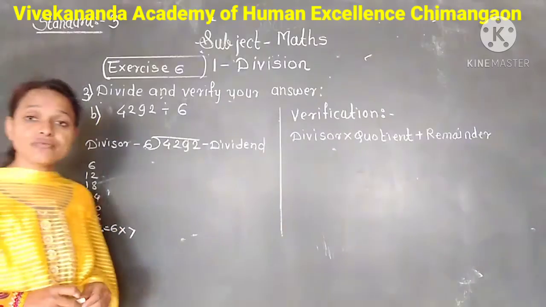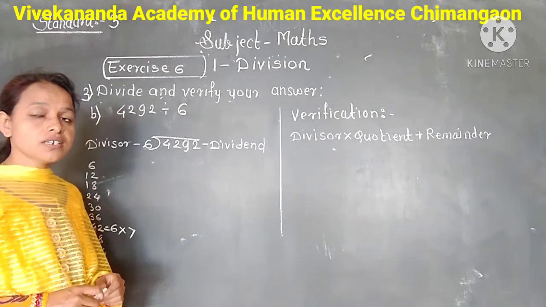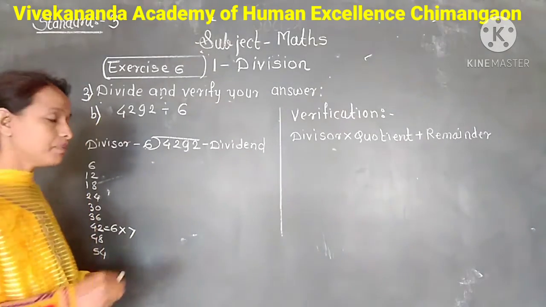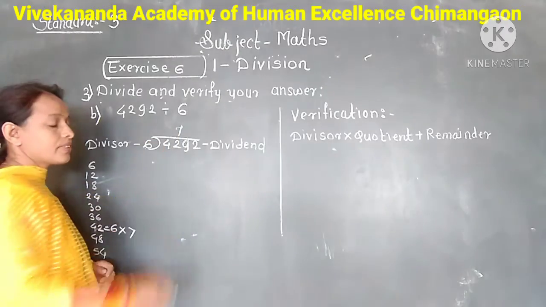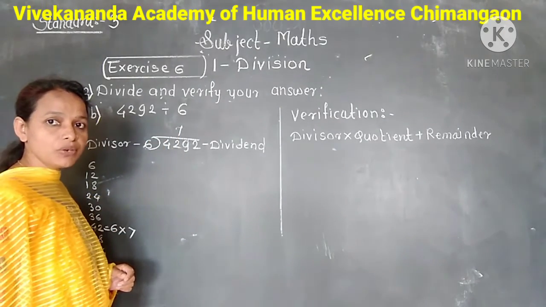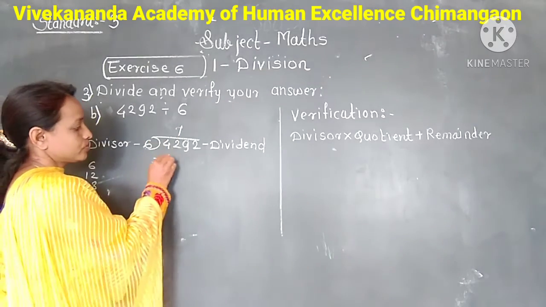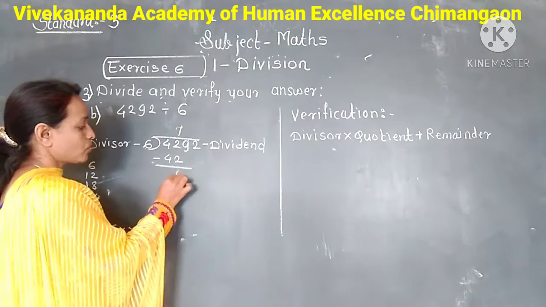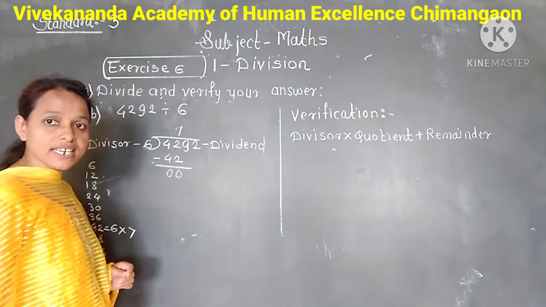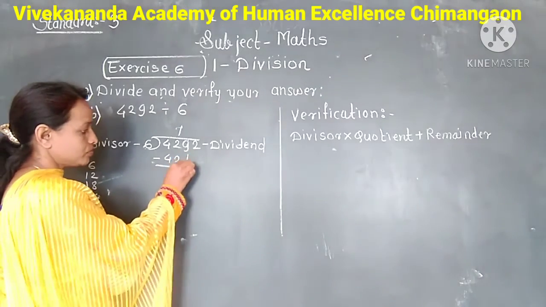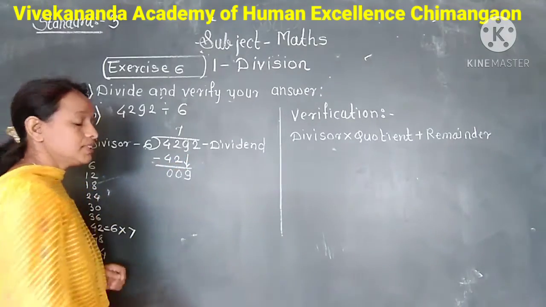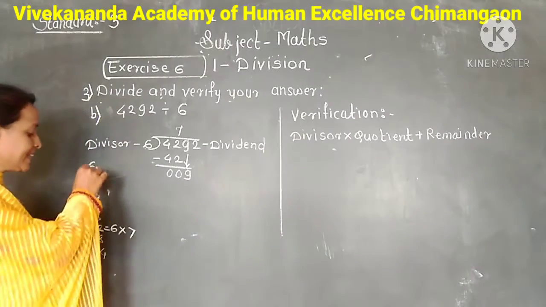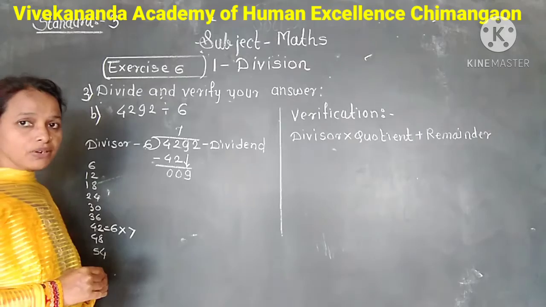So here we divide 42 by 6. It gives 7 as a quotient. So write 7 as a quotient in the 100 place. And product 42 right below 42. And subtract, we get 0. Now next digit 9 we bring down. Now we divide 9 by 6. But 9 is not in multiplication table of 6.